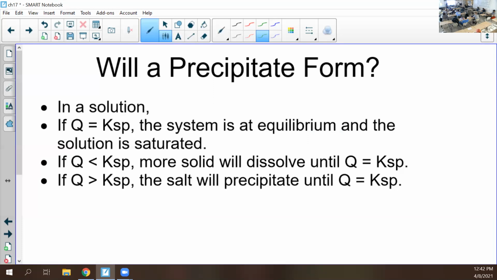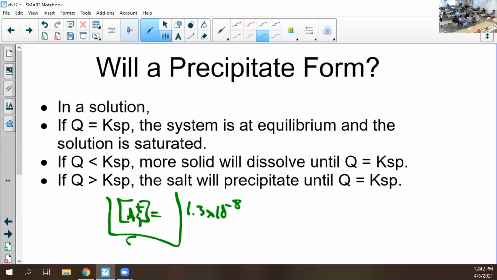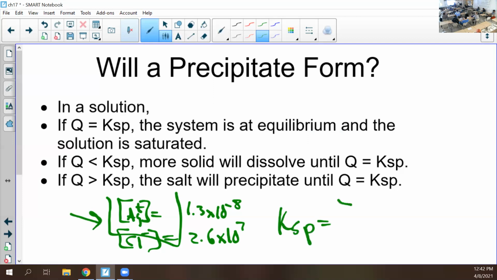But say I have a solution with a concentration of Ag plus equal to 1.3 times 10 to the negative 8, and Cl minus equal to 2.6 times 10 to the negative 7. You would plug those both in and multiply them, sorry, you would find Q. Someone do that for me real fast. That's a negative 7. So it will give you conditions that you plug in.